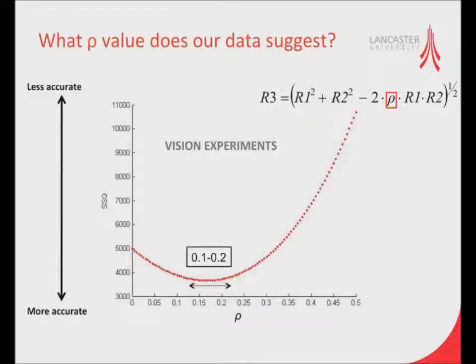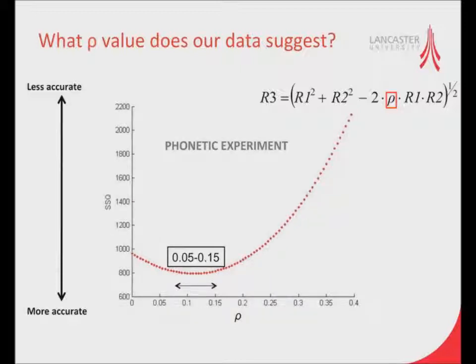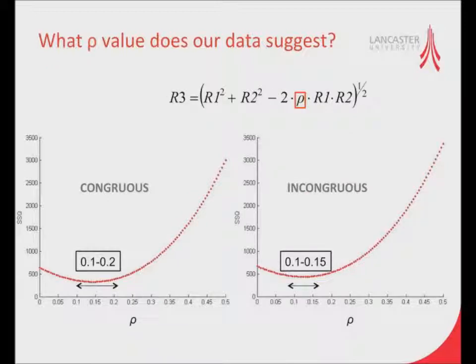From the vision experiments, the data suggests a correlation between 0.1 and 0.2. For the music experiment, it's between 0.15 and 0.25. Phonetics is between 0.05 and 0.15. And in the cross-modal experiment, it's between 0.1 and 0.2. So it's always around this region.